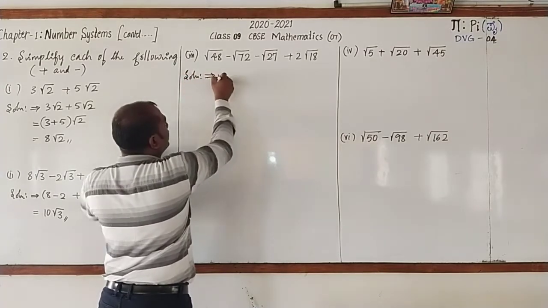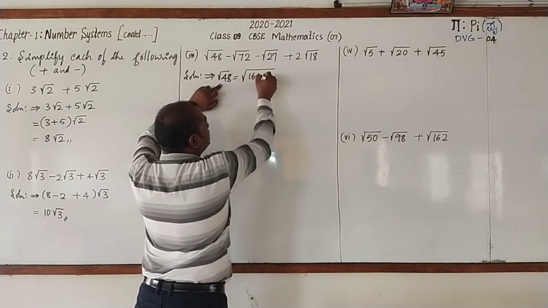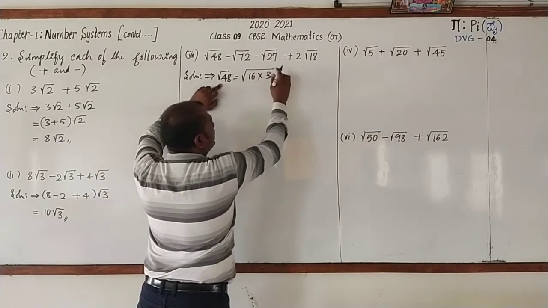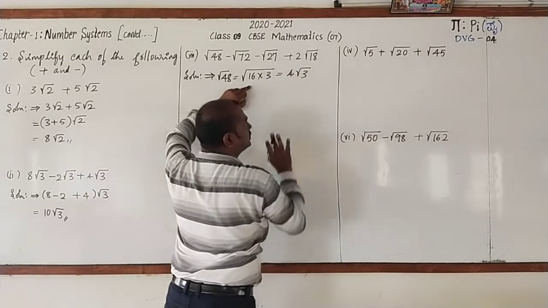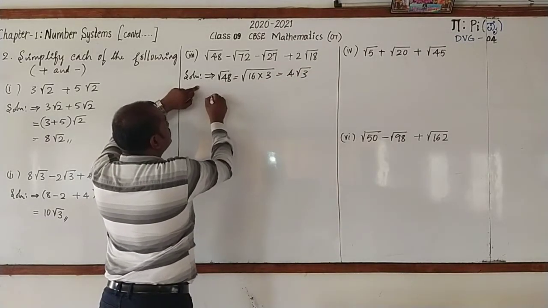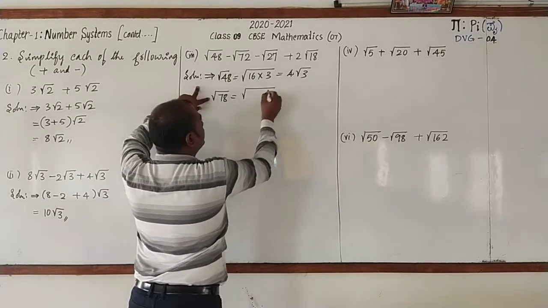First one is square root of 48. You can write this as 16 into 3. 16 3s are 48. What is square root of 16? 4 into root 3. Next, square root of 72 is there. How do you write 72?